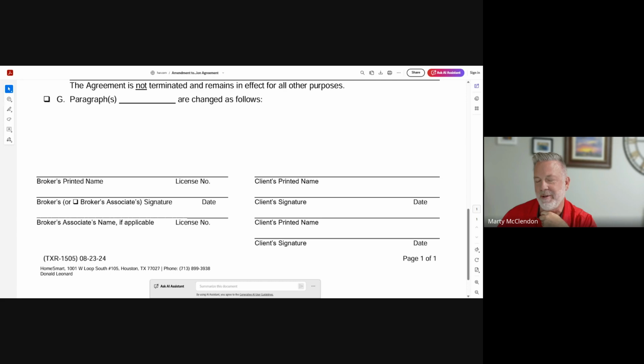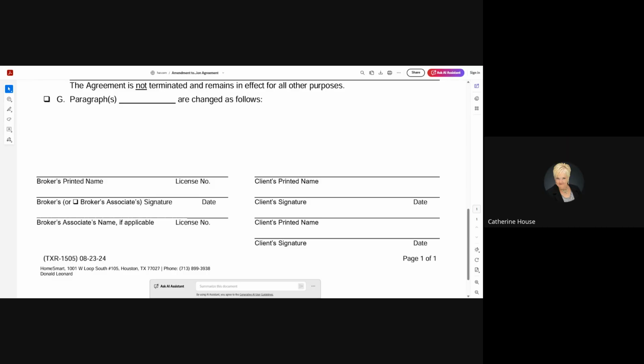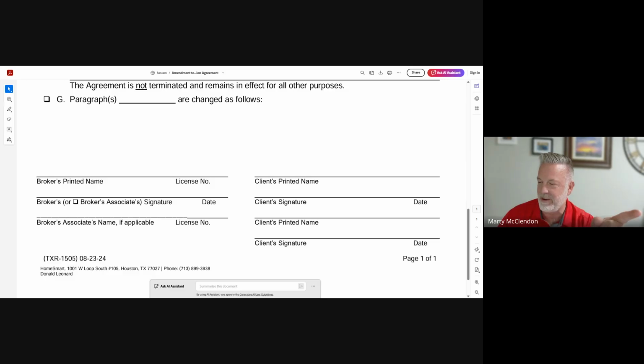Yeah, the stuff in downloads for RSA though are PDF documents. They're examples or templates, not to be filled out. You should go to your transaction desk, Loop or Zip Forms and fill out your own, or HAR for that matter, to modify. But that's an example to show you how it should look with Don's information and my information on there. And Michael, there's a sample purchase agreement in there, and I believe a sample listing agreement.